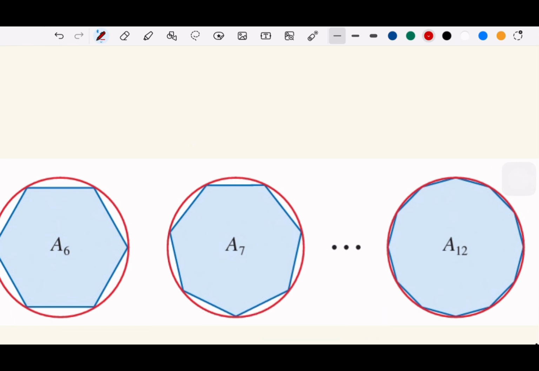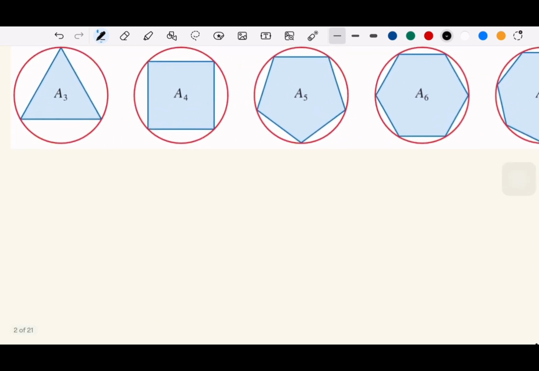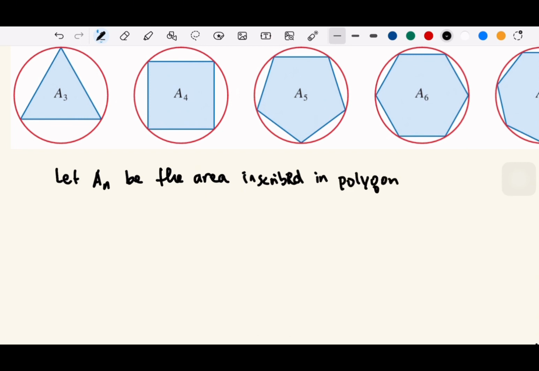Which means that if we take this A, let A be the area inscribed in a polygon of n sides. It can be any number.